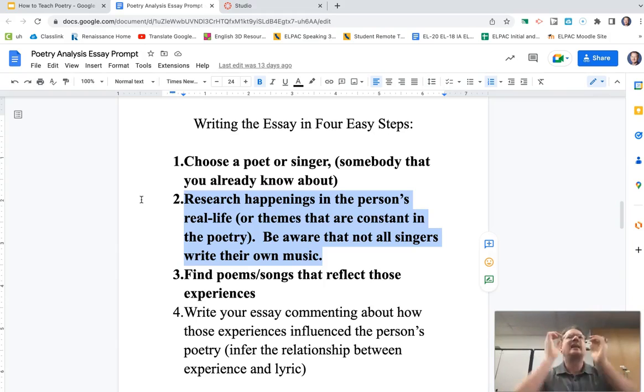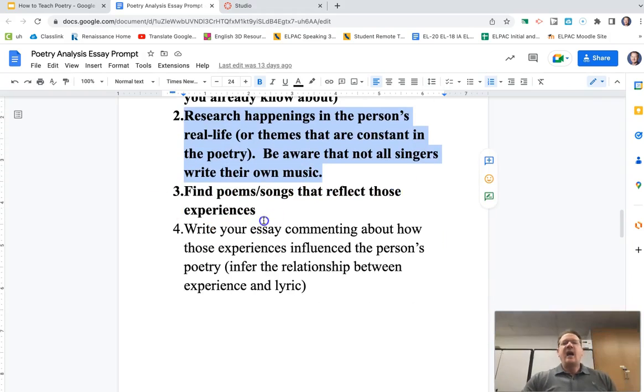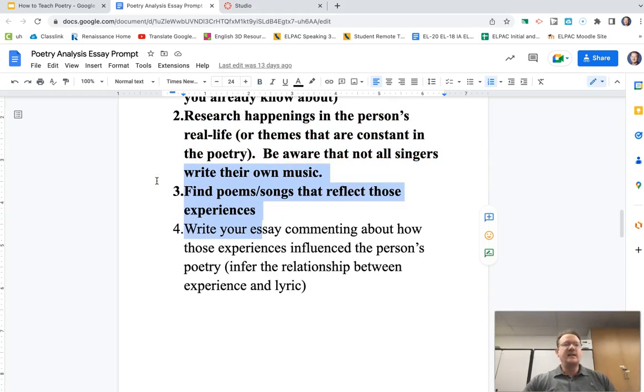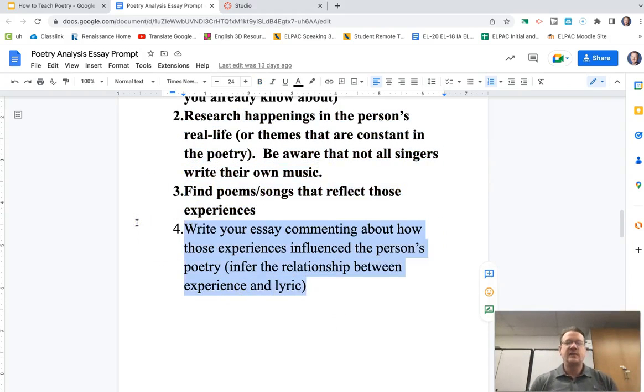I mentioned that too. It's important because you might like the song, but another songwriter might have written it for that artist. Find songs or poems that reflect that experience, and then write your essay commenting about how those experiences influence the person's poetry. And you might have to infer that relationship between the experience and the lyric, because again, we don't really know.